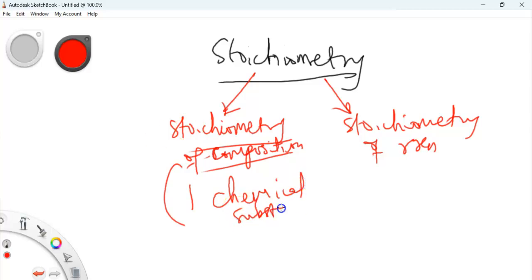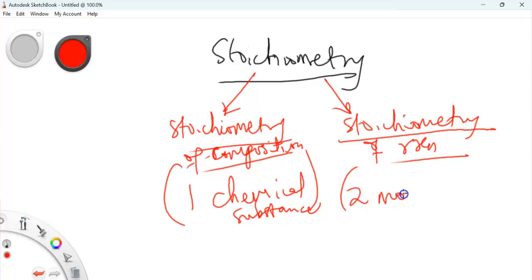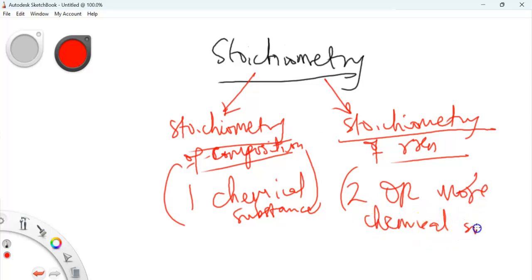Then the stoichiometry of reaction is the one that contains two or more chemical substances mentioned there.